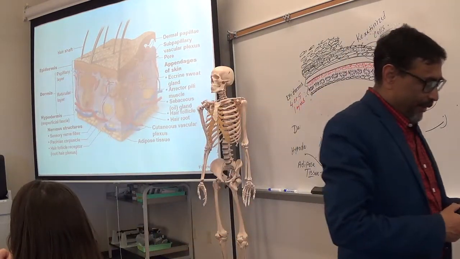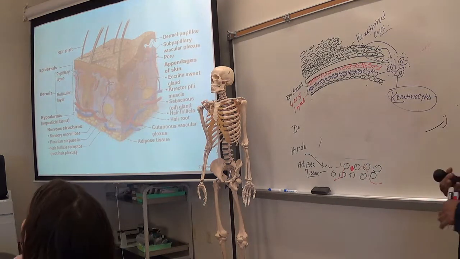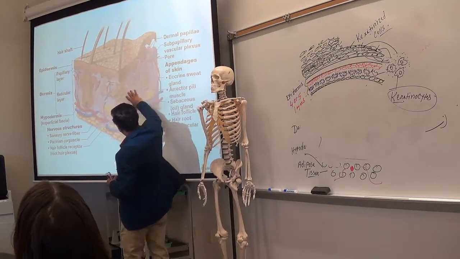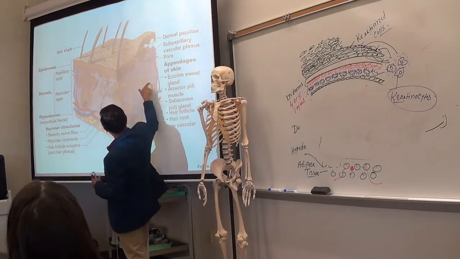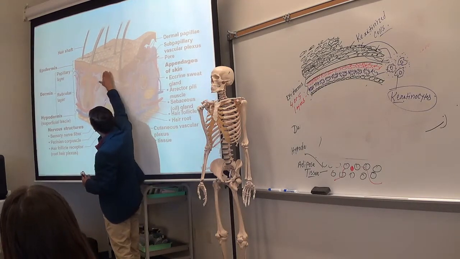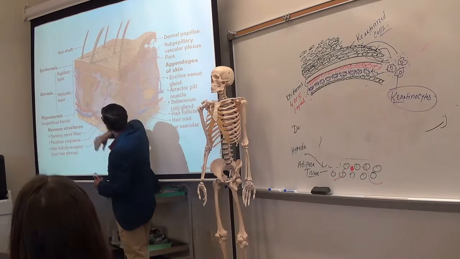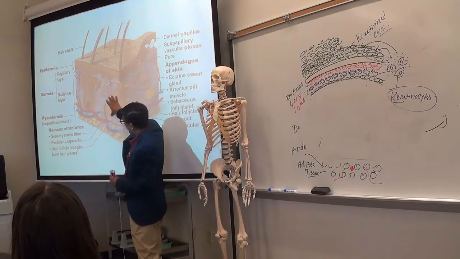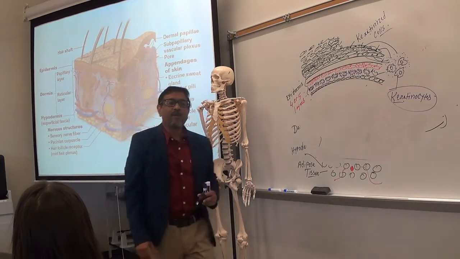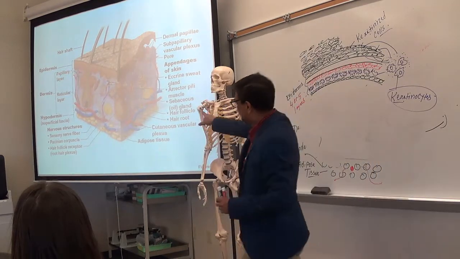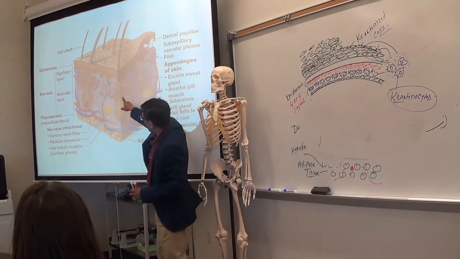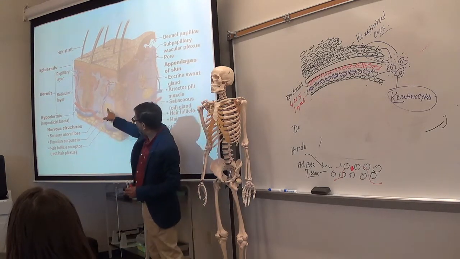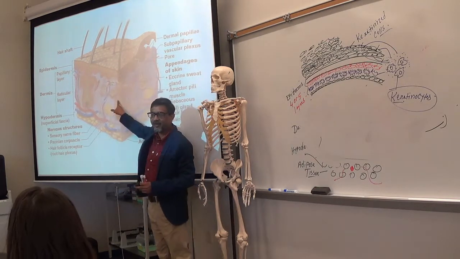Okay. And if you see this picture, you see that most of the skin structures are present in the dermis. Here, you see different structures. In the epidermis, you have only epithelial cells. Now, what are the structures present in the dermis? You have sweat glands. You have sebaceous glands. You have seen this model, right, in your lab. You have Pacinian corpuscles. Remember that?